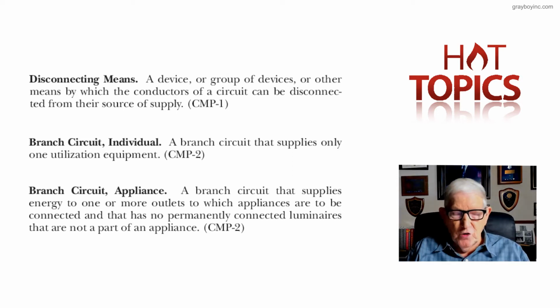And on page 33, left-hand side of the page in that first column, we pick up branch circuit, individual. And it reads, a branch circuit that supplies only one utilization equipment, such as an air conditioner, heating unit, a sign, whatever it may be.